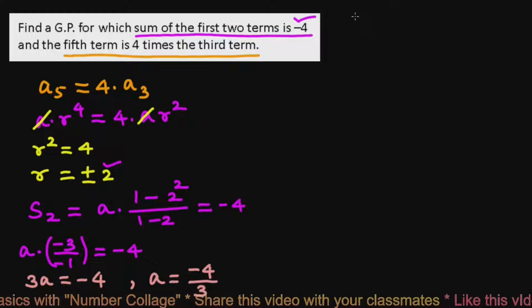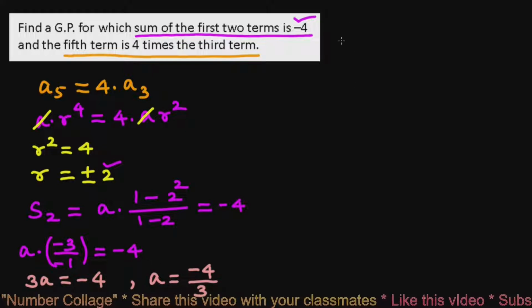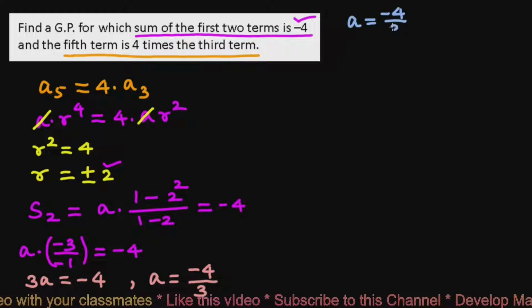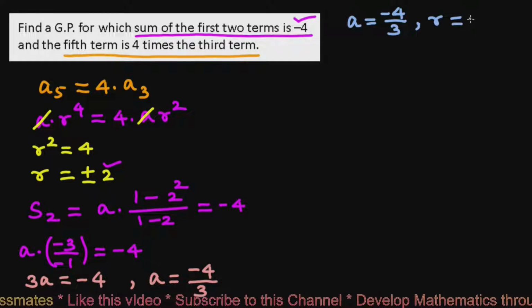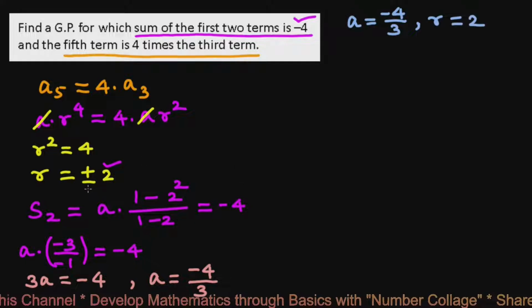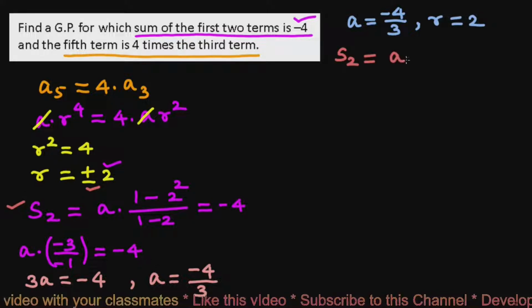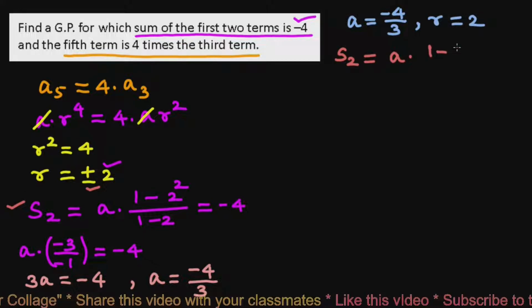So we get the first set of values of a and r as a equals minus 4 by 3 when r equals 2.